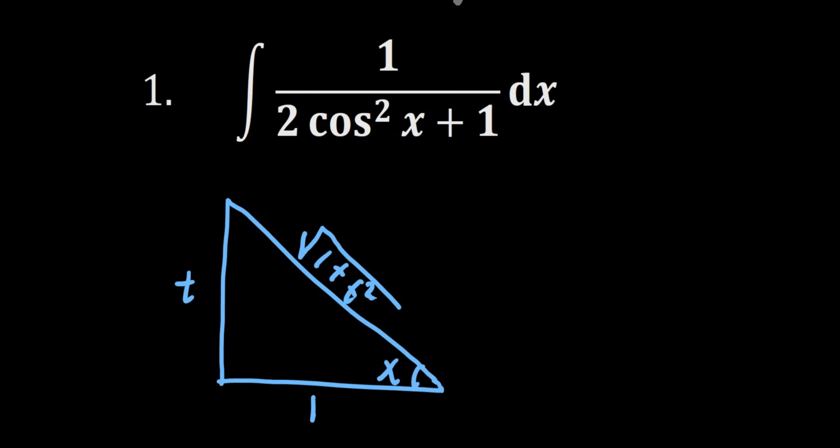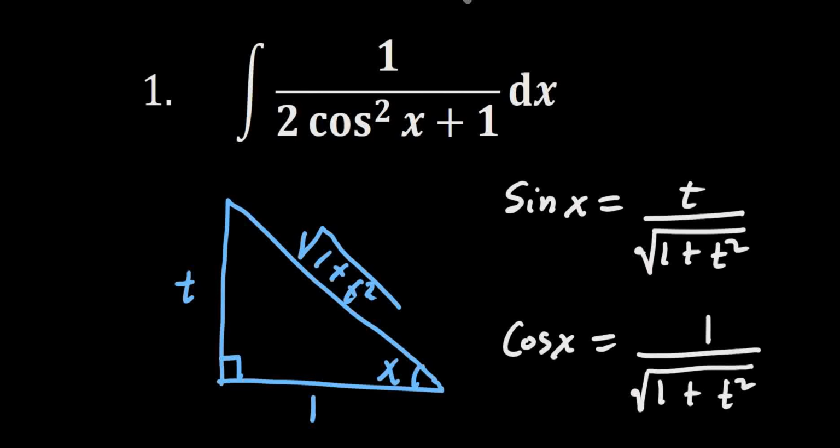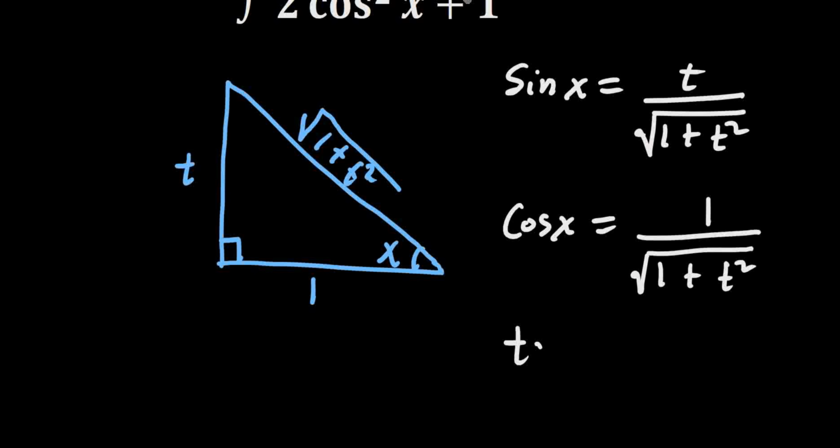So now from this, we can state that sine X is equal to T, which is the opposite, over the hypotenuse, root of 1 plus T squared, and cos X is equal to the adjacent over the hypotenuse, which is 1 over root of 1 plus T squared, and also tan X is equal to the opposite over the adjacent, and that is T over 1, which is T.